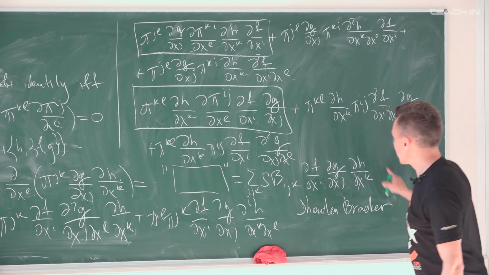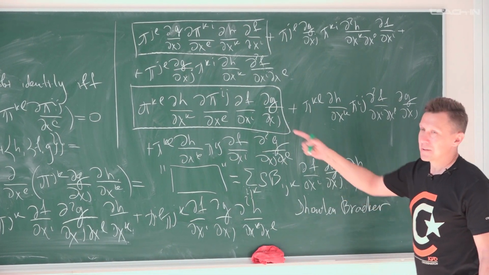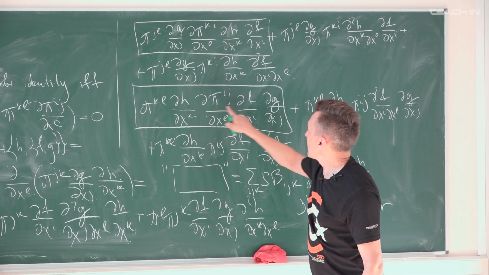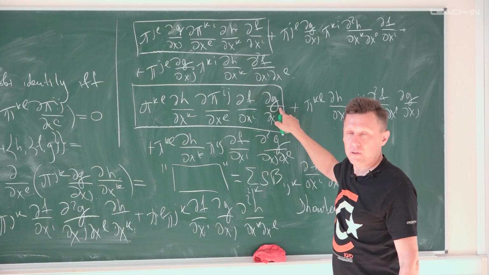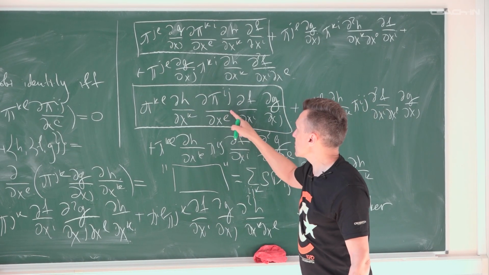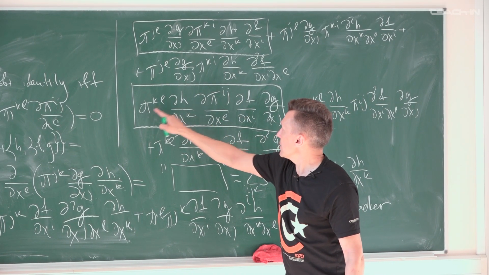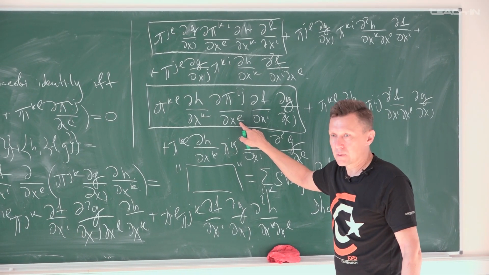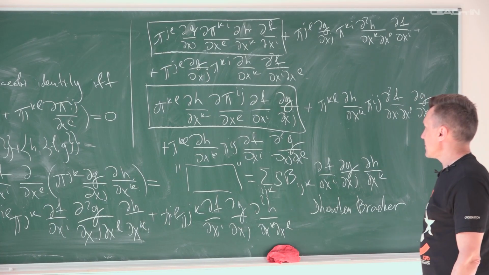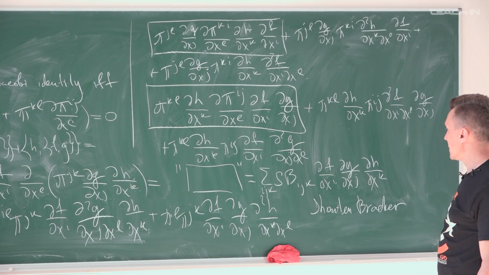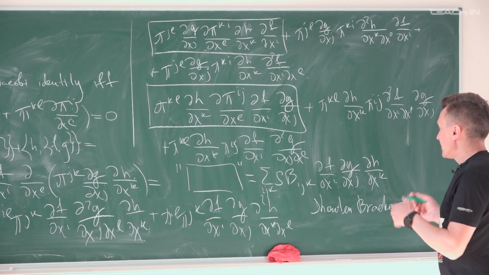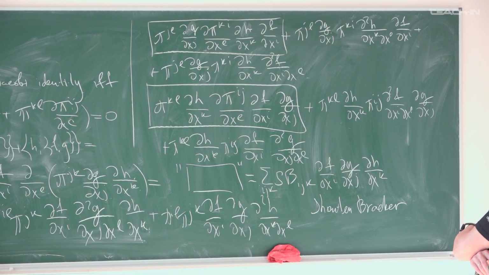Okay, but do you agree with this formula? In all these terms, there are first derivatives of functions, and they are multiplied by some expression in which there are π and first derivatives of π.